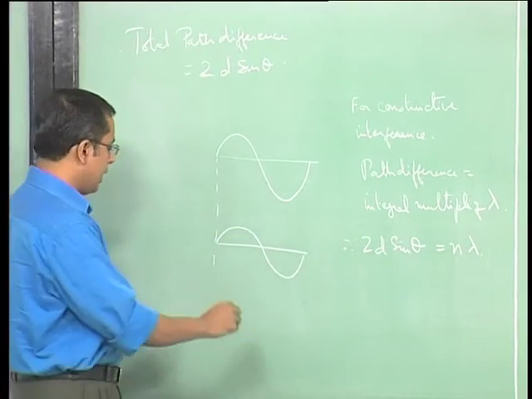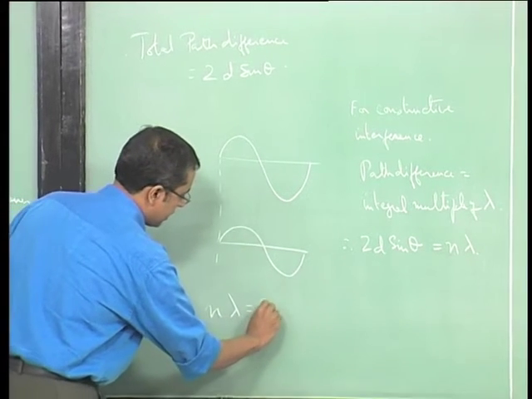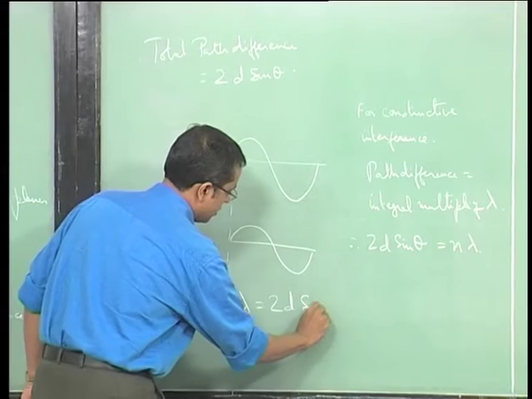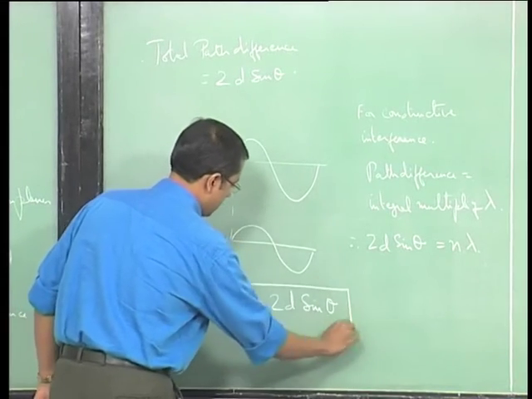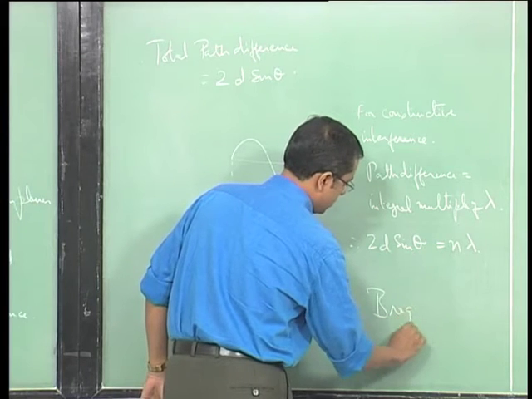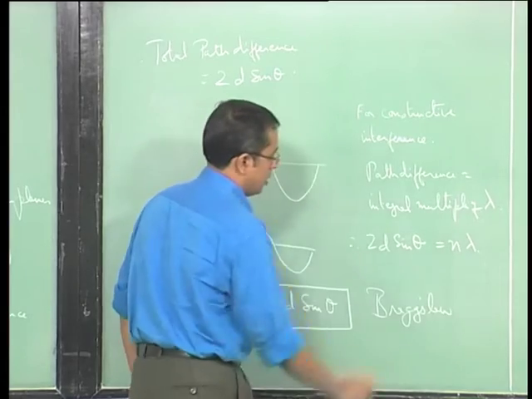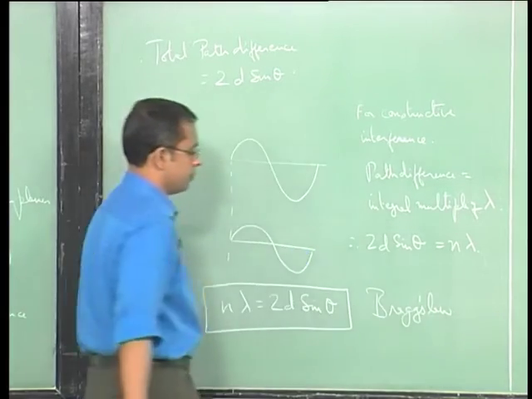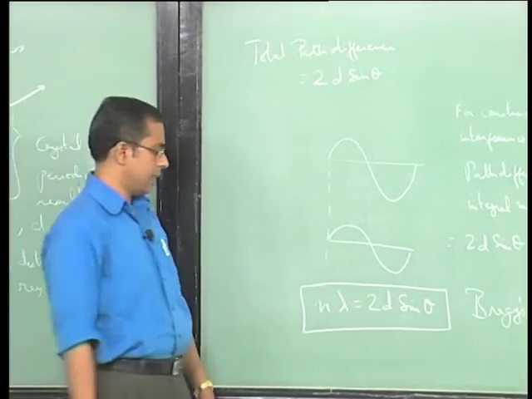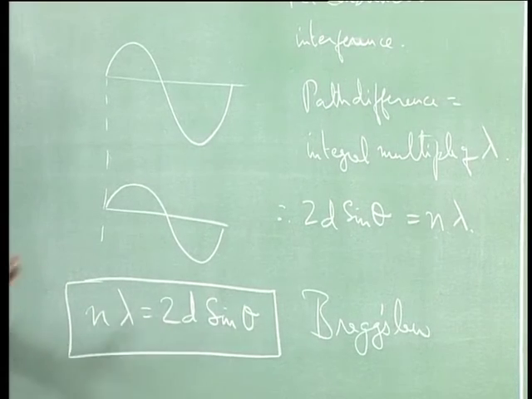So n lambda equals 2d sin theta. This is the Bragg law, attributed to Bragg. n lambda is 2d sin theta. So this is Bragg's law.